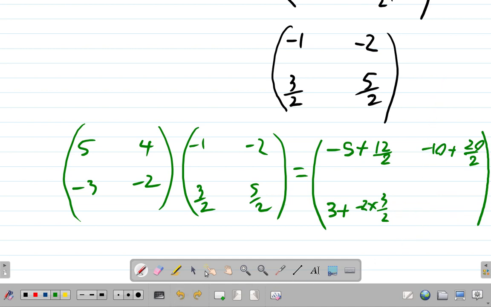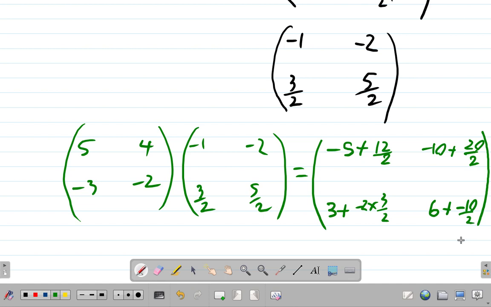You see that? First in row 2 by first in column 2, that is negative 3 by negative 2, positive 6, plus second in row 2 by second in column 2, negative 2 by 5 over 2. That's negative 2 times 5 over 2, which gives us negative 10 over 2.